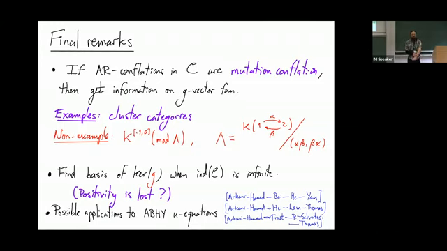This works for any extriangulated structure with projectives and injectives and the properties I mentioned before. But most of the examples I have in mind, where I want to have applications, I mostly use the Pilaud property. We use it in a subtle way, so I'm a little bit unconfident about saying we don't use it.